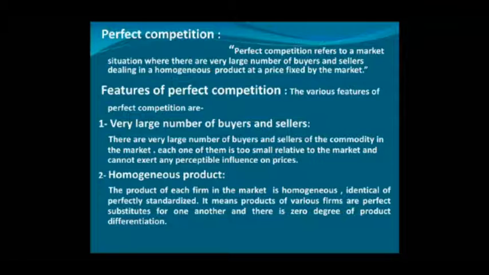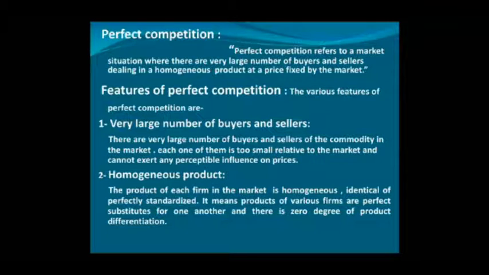Similarly, a single buyer's share in total purchase is so insignificant because of their large numbers that an individual buyer cannot influence the market price. Under such conditions, the price of a commodity is determined by the market forces of demand and supply, and each buyer and seller has to accept the same price. As a result, a uniform price prevails in the market.